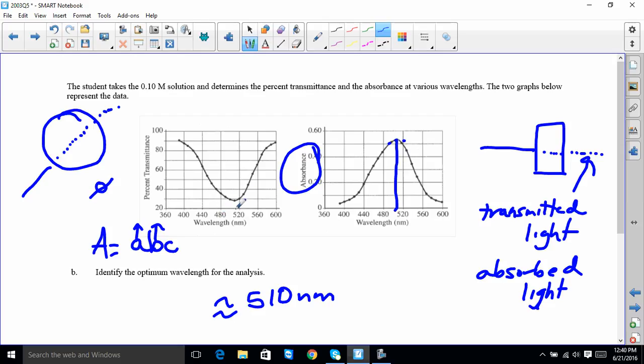And notice where you have maximum absorbance, the wavelength at which the solution is sucking in the most light is the wavelength where the least amount is transmitted. If you know your calculus theory, this is a min, this is a max. Wherever this is maximum, this is minimum, because they war against each other.